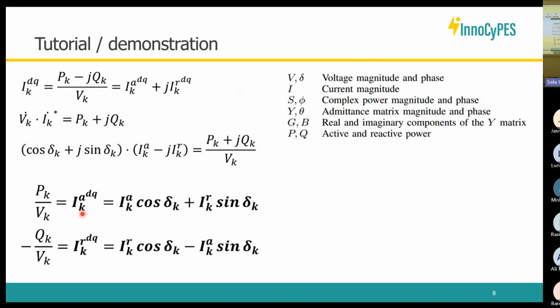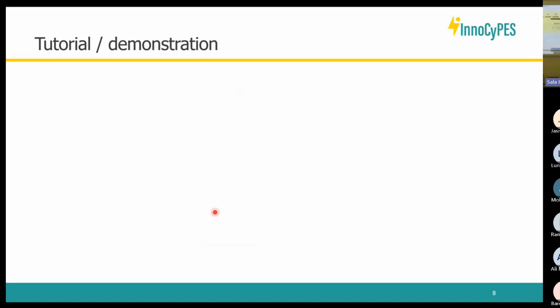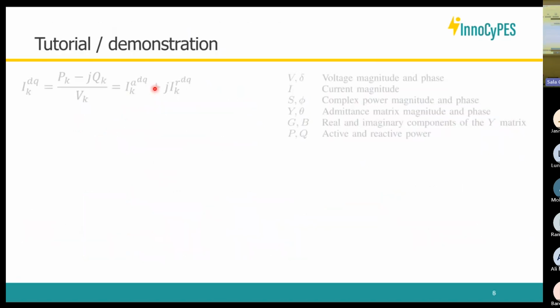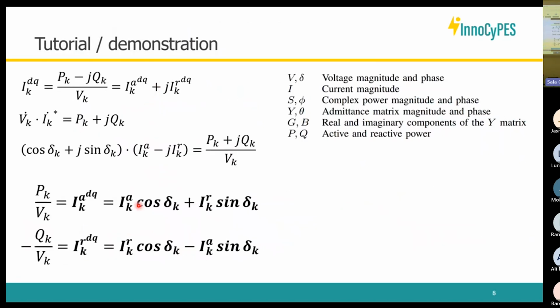You can see that the active current in the DQ frame not only depends on the active, but also on the reactive currents calculated through the standard equations. Right here, these are the standard equations. And you see that in the DQ frame, both of them show up in both calculations for active and reactive currents.